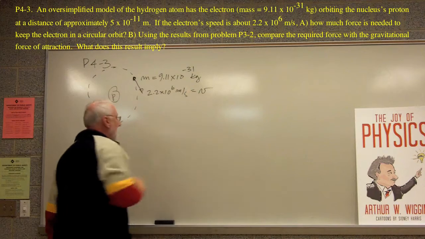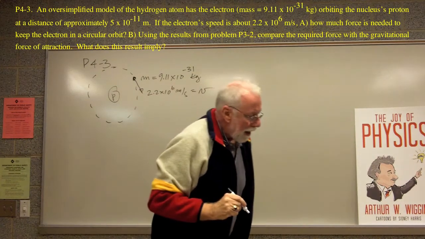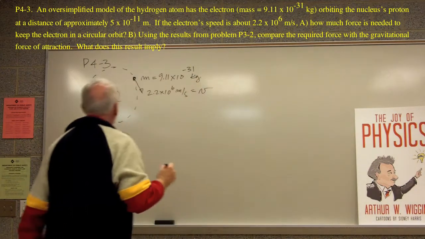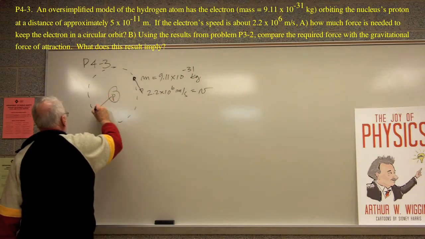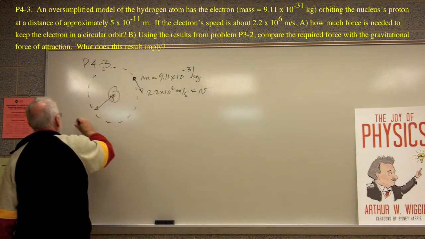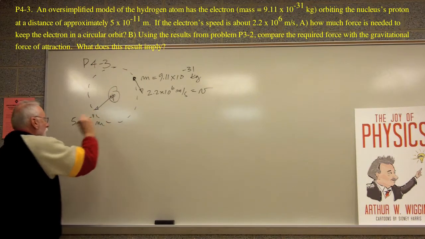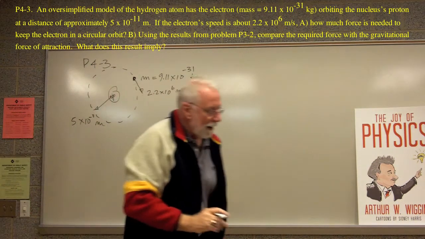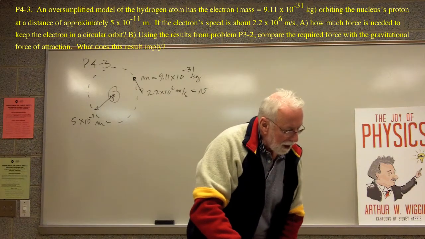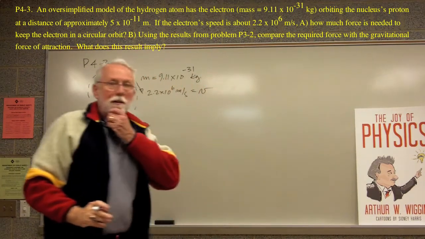That's its speed. Okay, good. And the distance from the proton out to the electron's orbit is 5 times 10 to the minus 11 meters. So we know all that stuff. That's a good start. So here is our diagram.